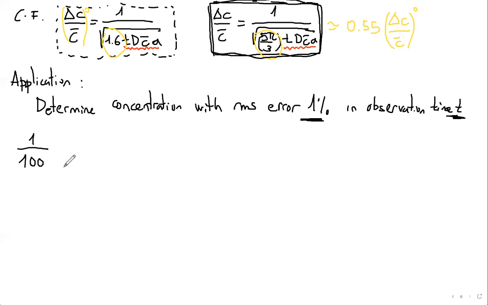Okay, so this means 0.01. Then from this formula, this implies that this is equal to 1 divided by square root of 5 pi divided by 3 times t C bar A.